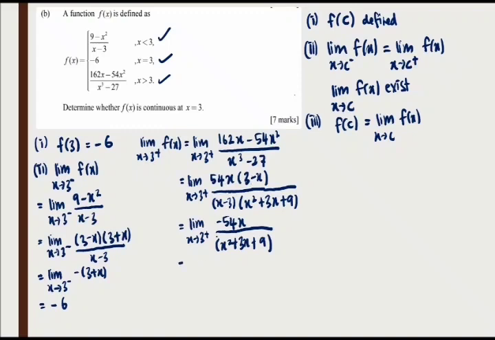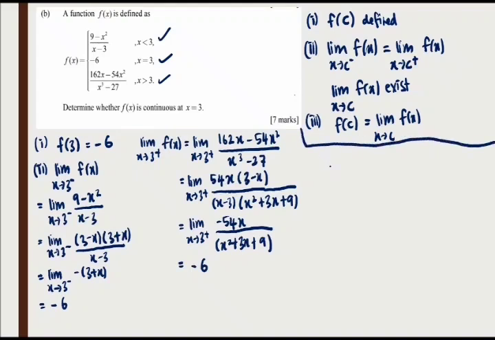After that we can do direct substitution over here. If we substitute 3, you will get negative 6. Let me just separate this first.